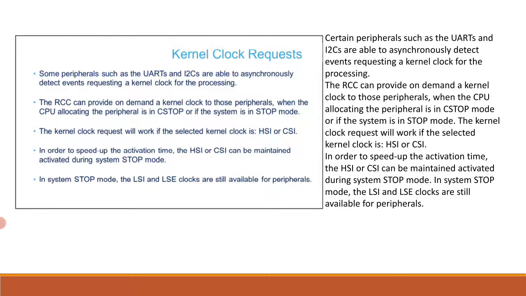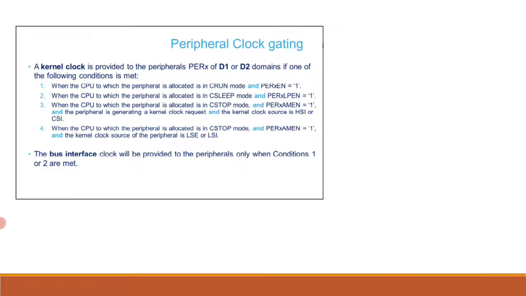So, a kernel clock is provided to the peripherals allocated in D1 or D2 domains if one of the following conditions is met. When the CPU to which the peripheral is allocated is in CRun mode and its enable bit is set to 1. When the CPU to which the peripheral is allocated is in C-sleep mode and its LP enable bit is set to 1.